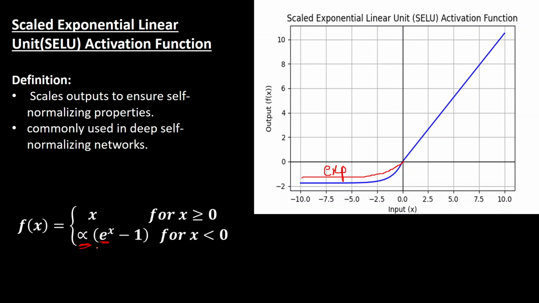This is the difference between the exponential and the scaled exponential values. Due to this we have a smoother curve, and we are allowing more negative values to pass through this function because of this scaled version.